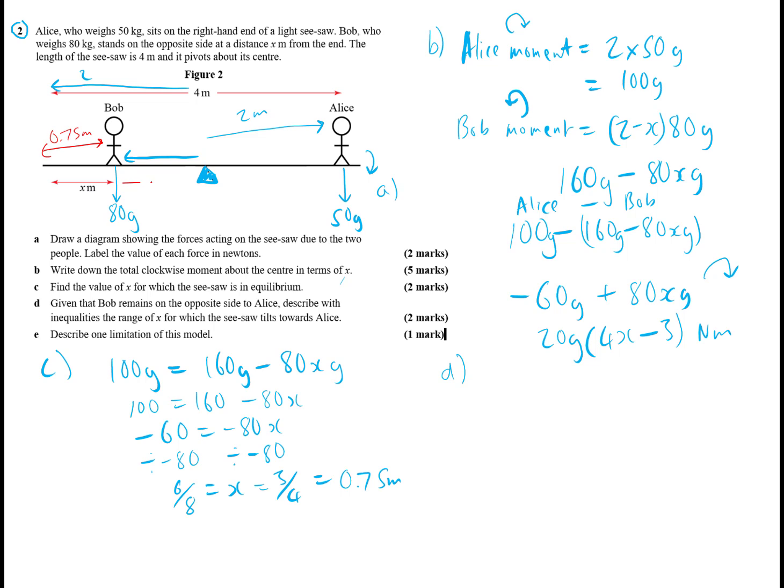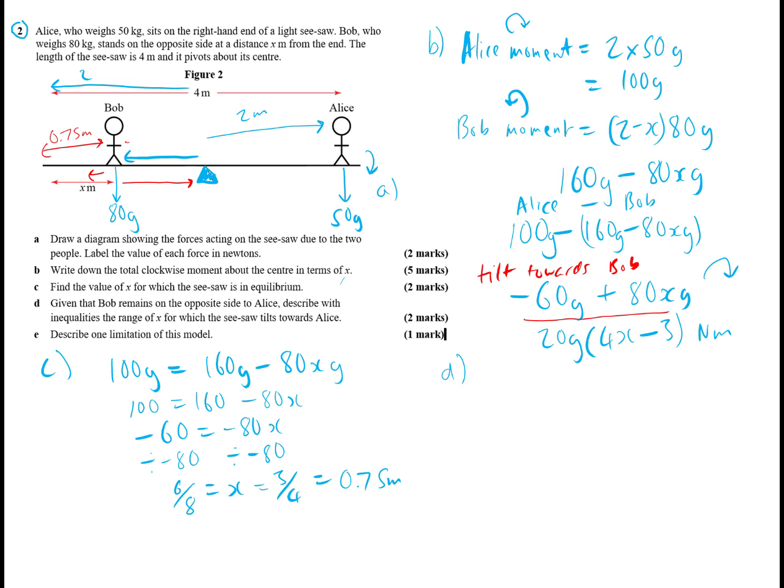Now x is going this way. That's in equilibrium. So if Bob shifts this way, you know from the start, from part B, this was the clockwise moment. It was going to tilt towards Bob. Okay, so that's 0.75.